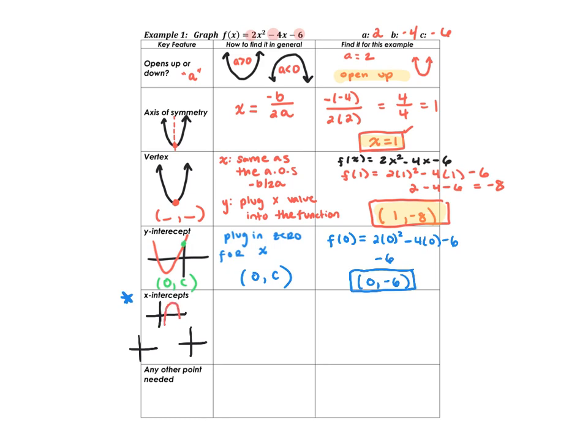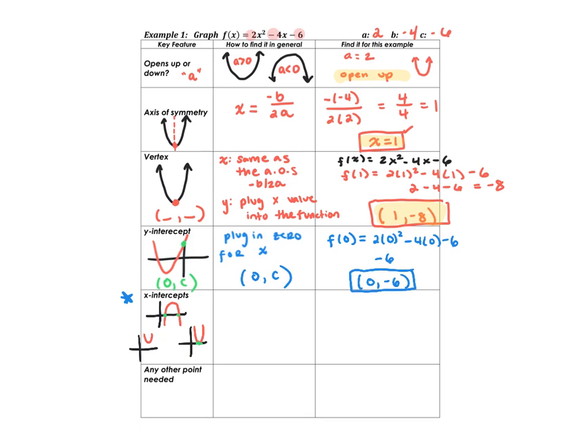It could touch it twice, it could touch it once, or it could touch it never. It could be completely above the x-axis or below the x-axis. So it's possible to have 2 real x-intercepts, only one x-intercept where it's also the vertex, or none. It never goes to the x-axis.